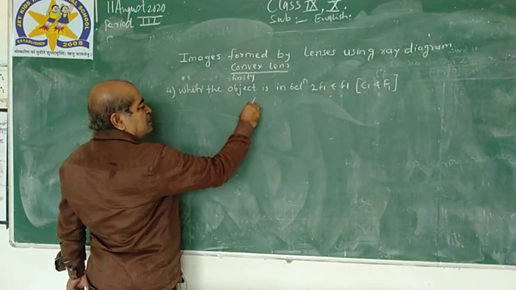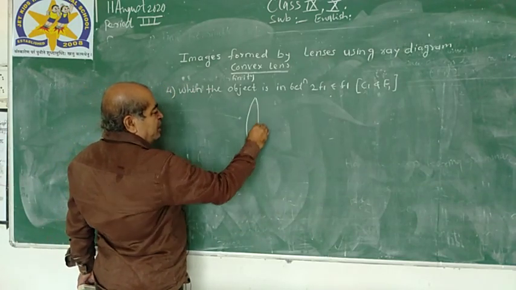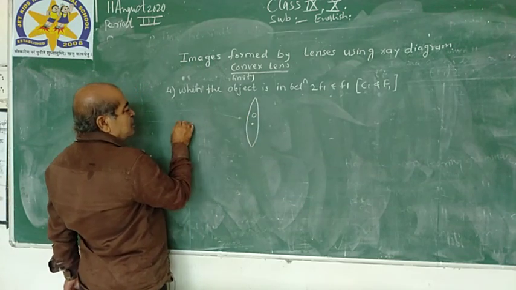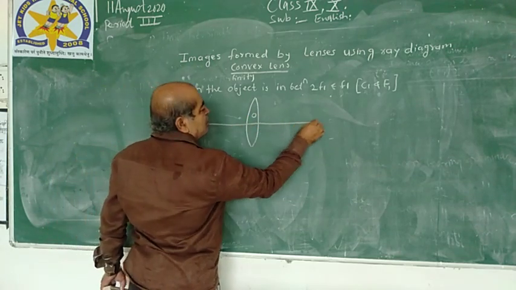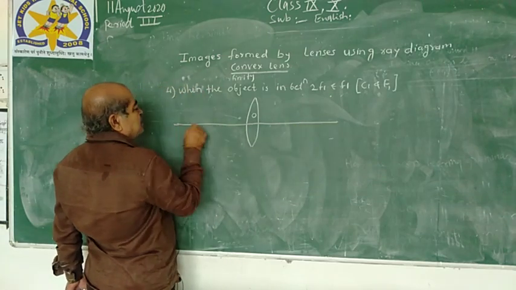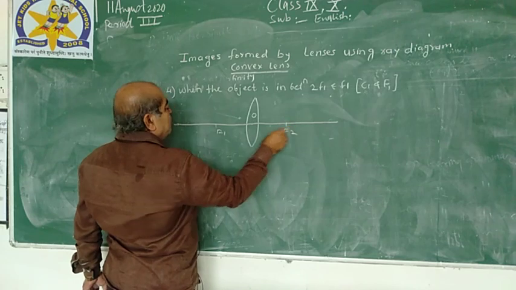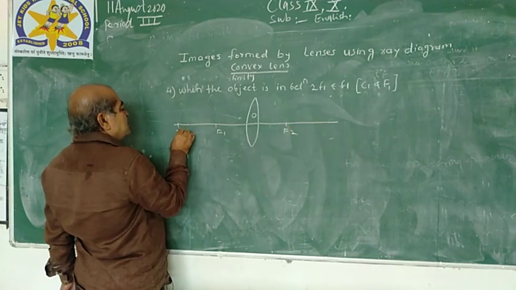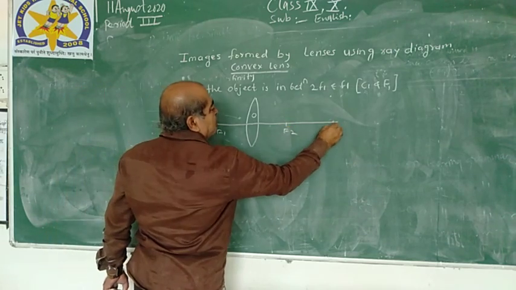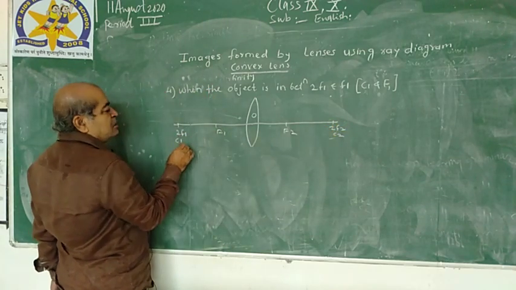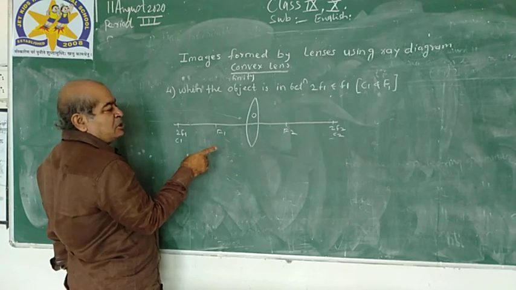Again, this is the convex lens. O is the optic center. This is the principal axis. F1 and F2 are the principal focus. Twice F1 and twice F2 are the centers of curvature C1 and C2.